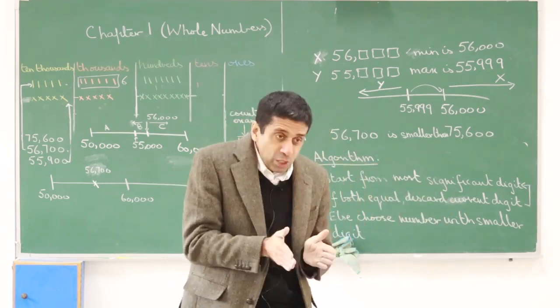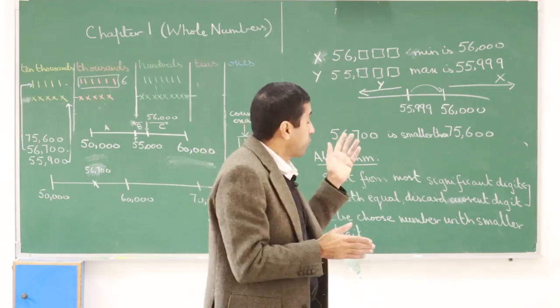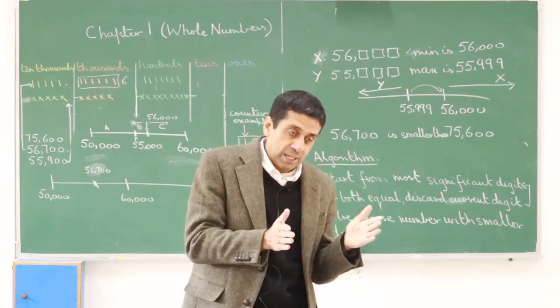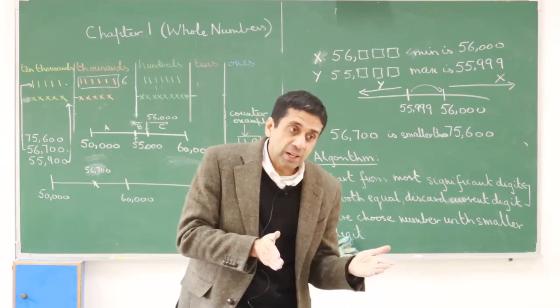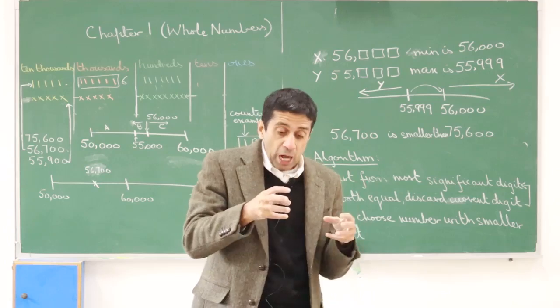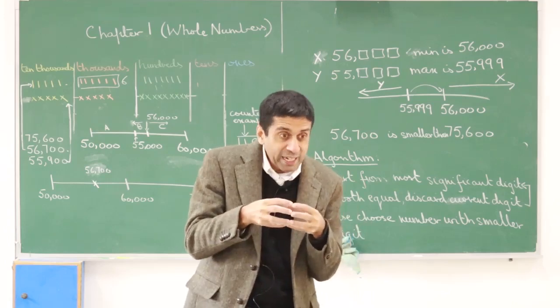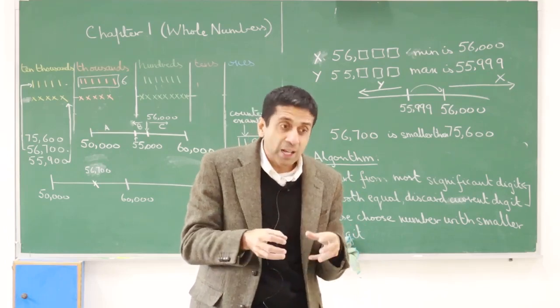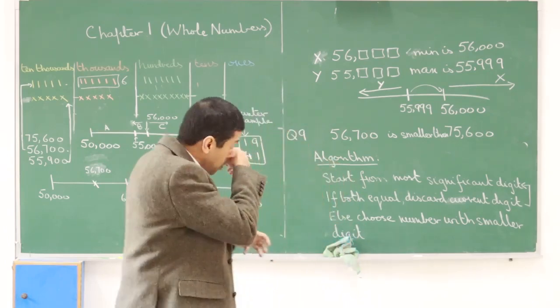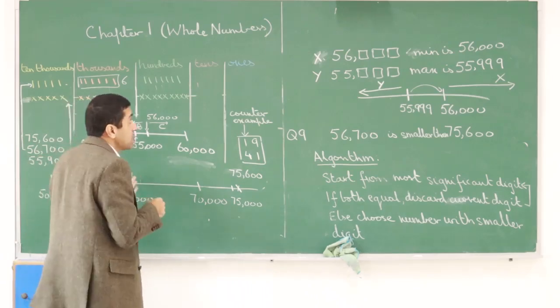So the lowest possible in the 56 case is 56,000. And that is still better than the best of 55,900, because the maximum number that you can get there is 999. And 999 does not make it to 1,000. It's less than 1,000. That's why 56,000.